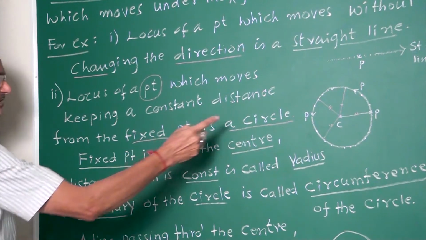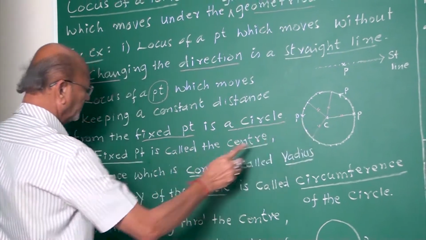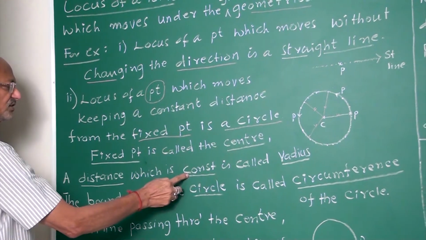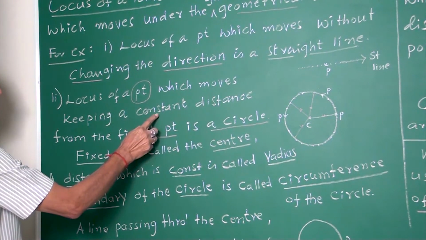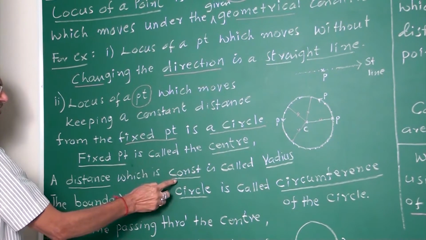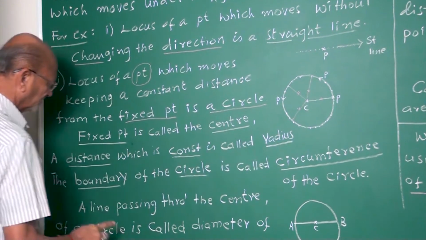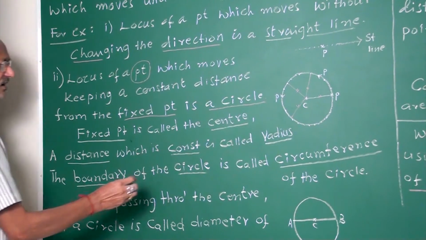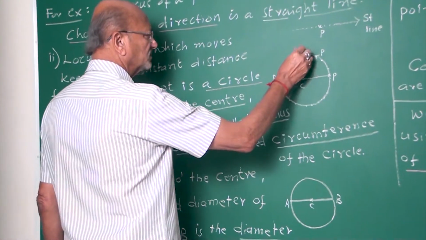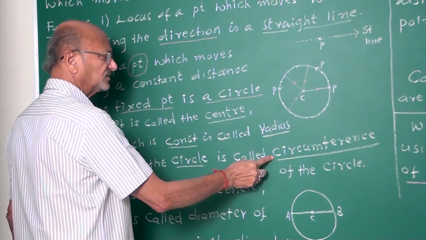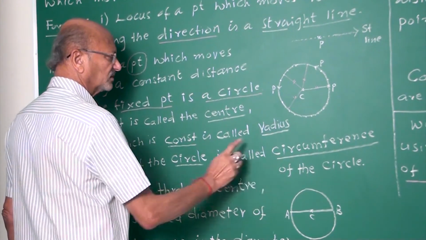This fixed point C is called the center. The distance which is constant is called the radius. The boundary of the circle is called the circumference of the circle.